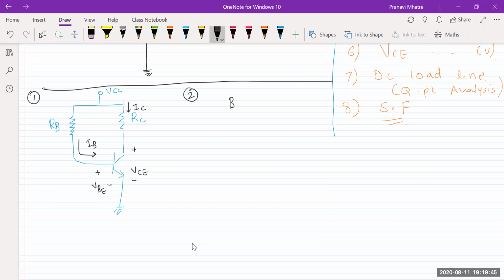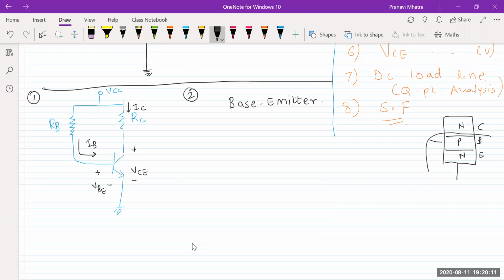The input loop should be applied between base and emitter, or I can say the forward loop, which is applied between the base and emitter. The reason is, when you study this as an NPN transistor, this is N, P and N. Normally this is my base, this is emitter and this is collector.